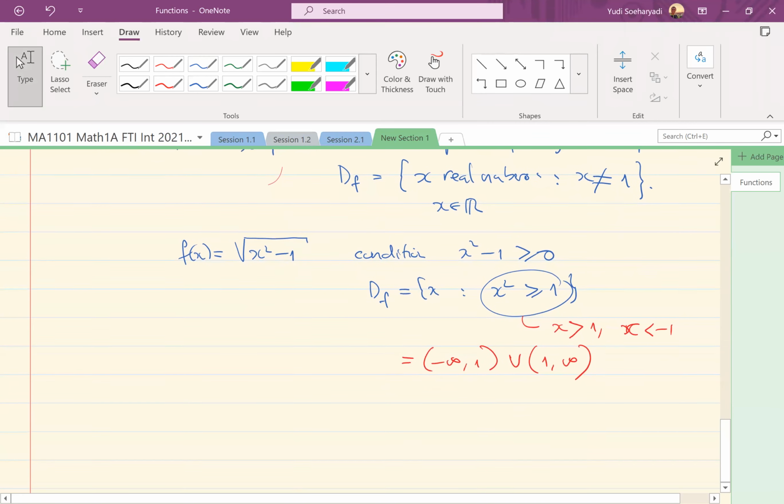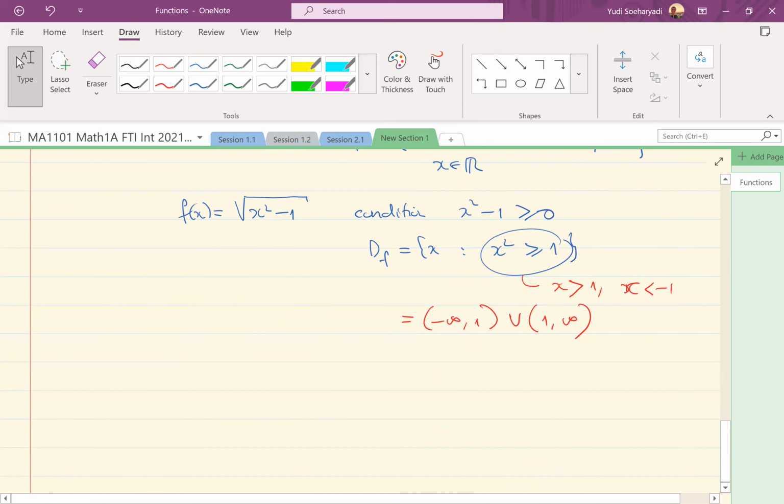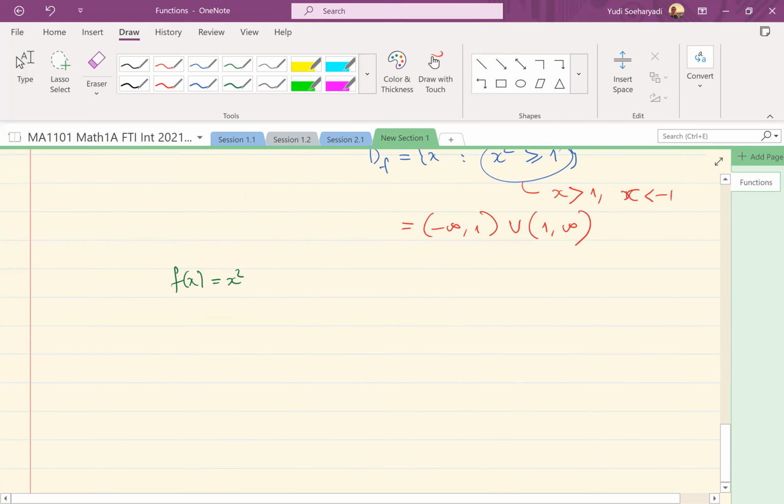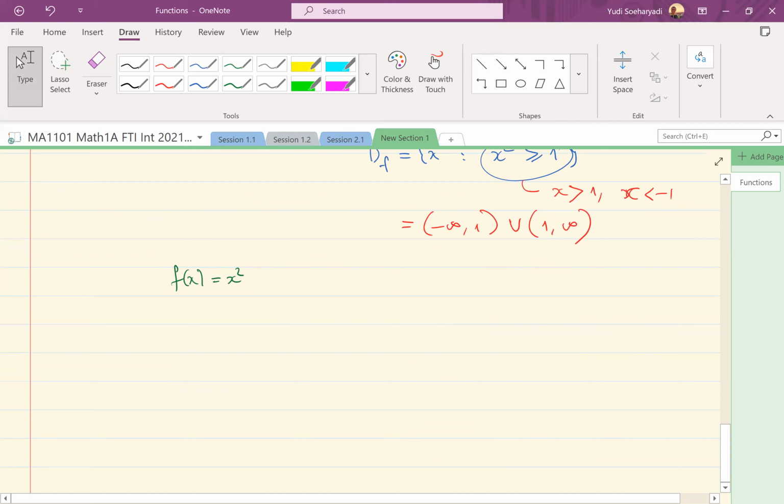All right. And remember the range. Now we haven't talked about range. Let's go back to squaring. Okay. All right. What about the range? Well, when you square numbers, the number becomes at least 0. 0 is the least.